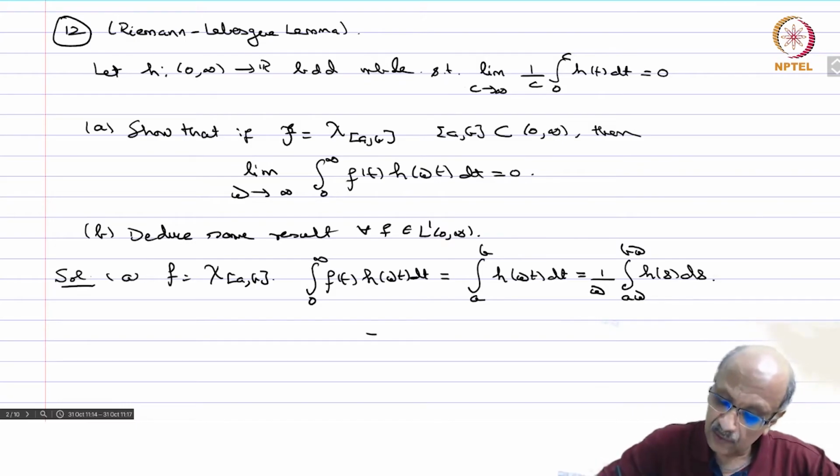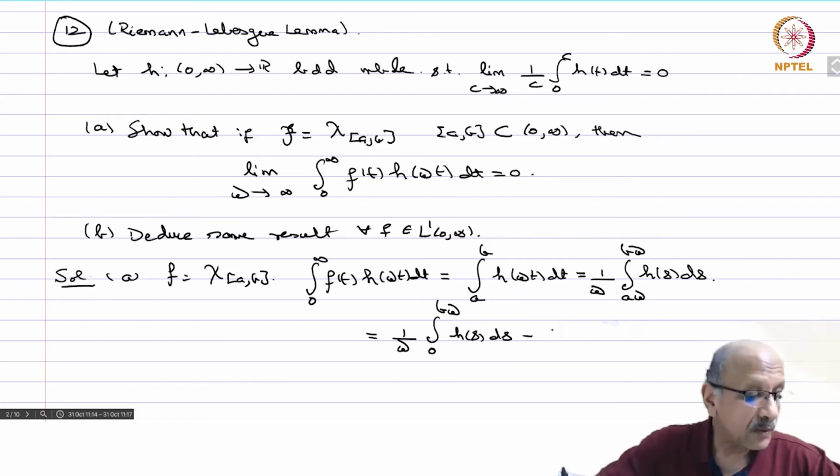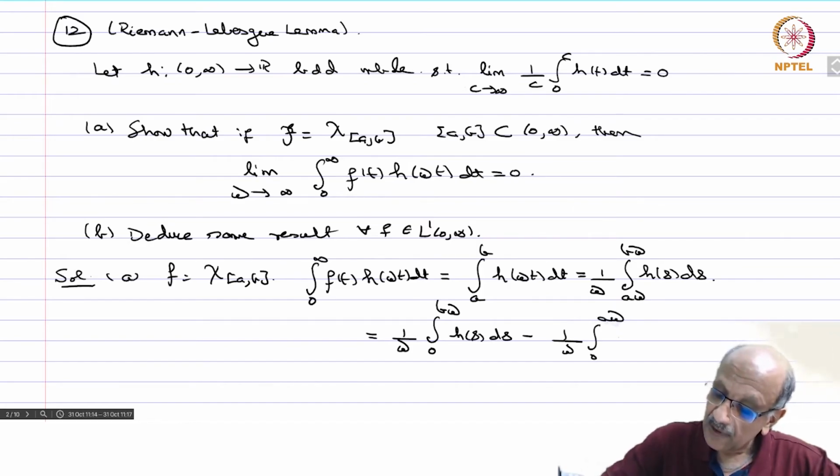So this is equal to 1 over omega times the integral from 0 to b omega of h of s ds, minus 1 over omega times the integral from 0 to a omega of h of s ds.